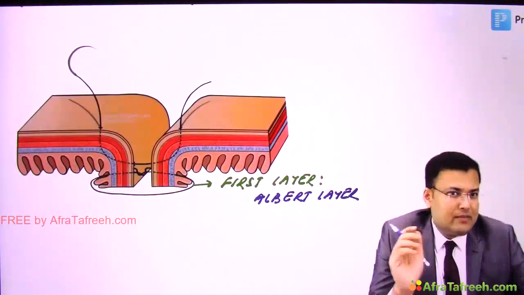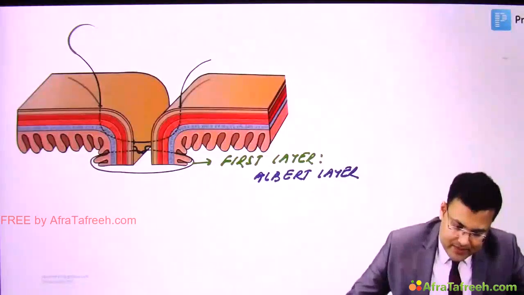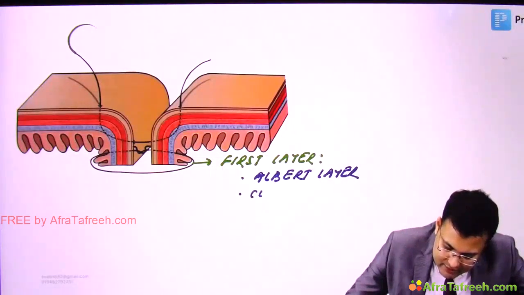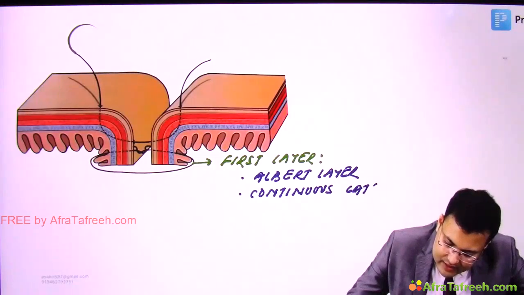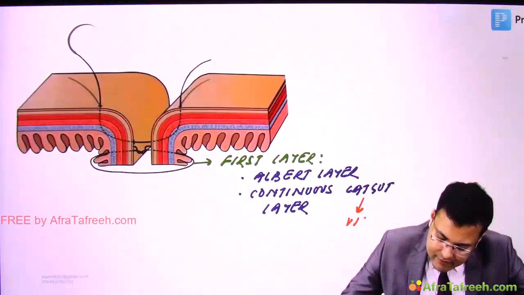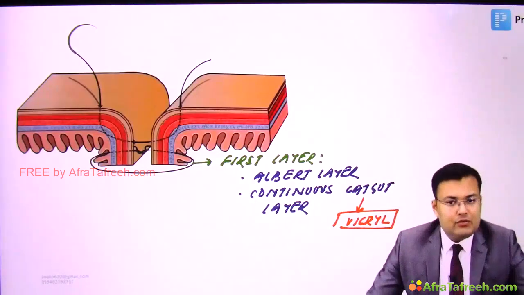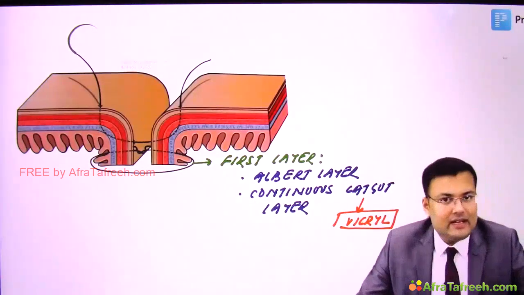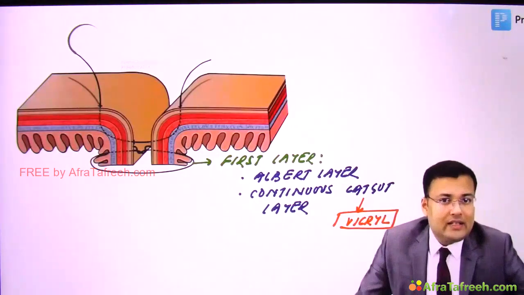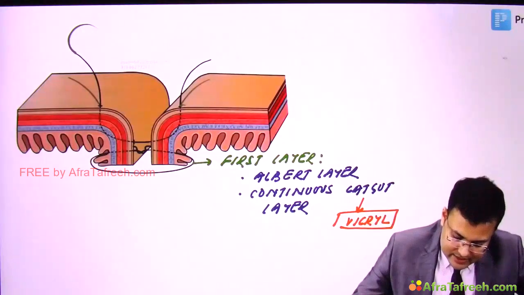But nowadays, in place of catgut, we are using vicryl. So in the first layer, we use vicryl. The second layer is the Lambert layer, which is the interrupted silk layer. You can see here, this is the second layer.